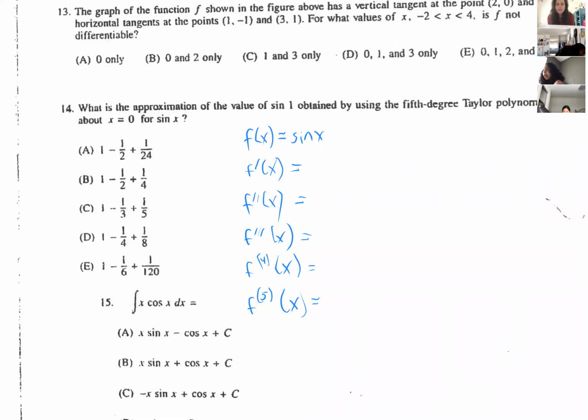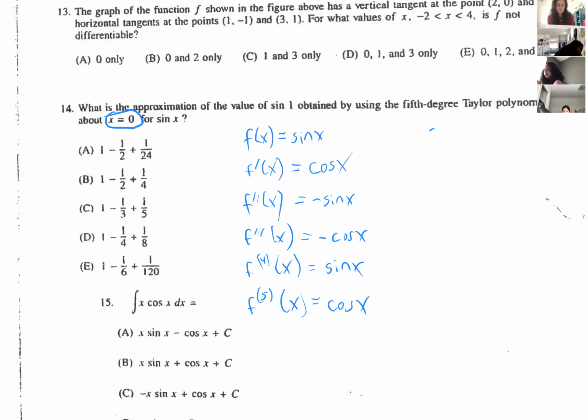Okay, so this is going to go cosine x, negative sine x, negative cosine x, sine x, and cosine x. And it says we are centered at x equals 0.